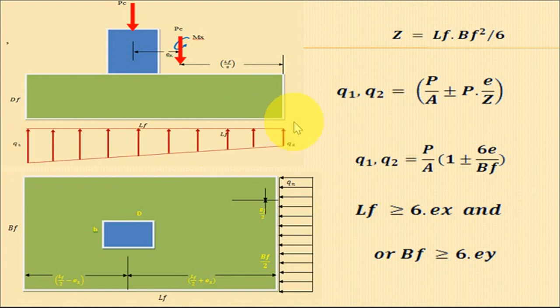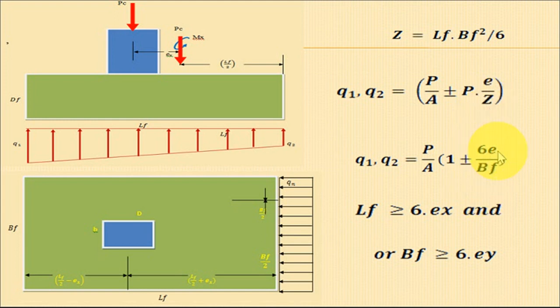It is not even, and the net upward pressure q1 and q2 is calculated due to axial load as P by A plus minus M by Z. M is equal to P e, and Z is equal to Lf multiplied by Bf square by 6. And so we get the formula q1, q2 is equal to P by A times 1 plus minus 6e divided by Bf, because P is common, and Z is equal to Bf multiplied by Lf square divided by 6.